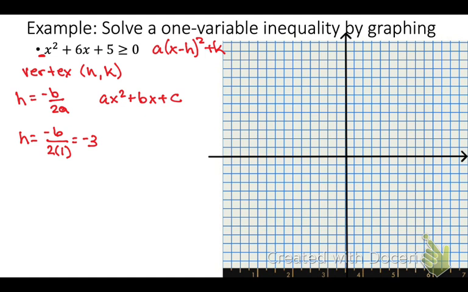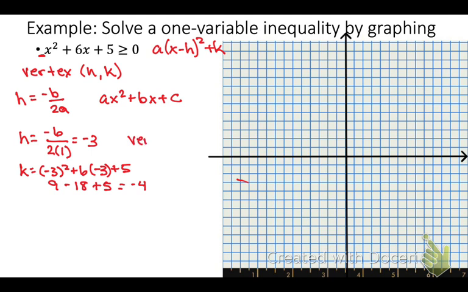How do I find k? Put it into the formula. So k equals negative 3 squared plus 6 times negative 3 plus 5. So 9 minus 18 plus 5, which is negative 4.